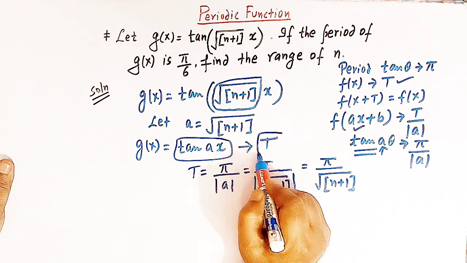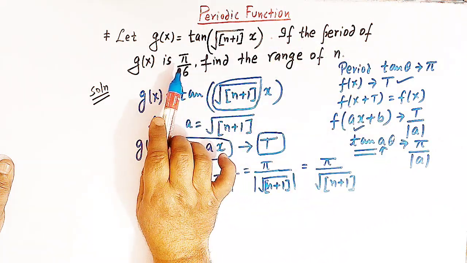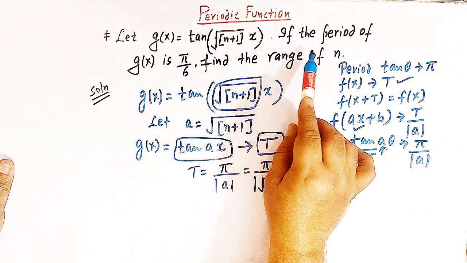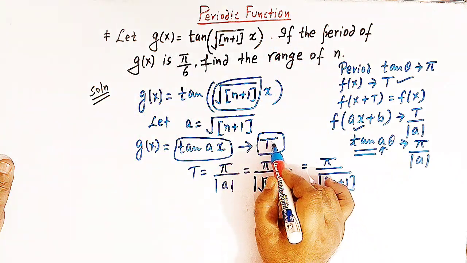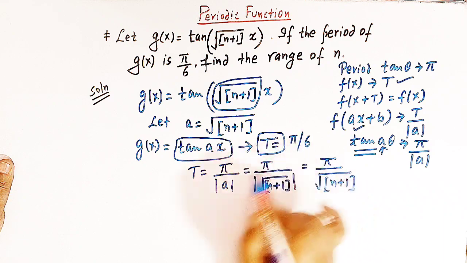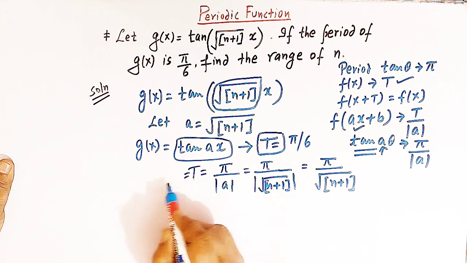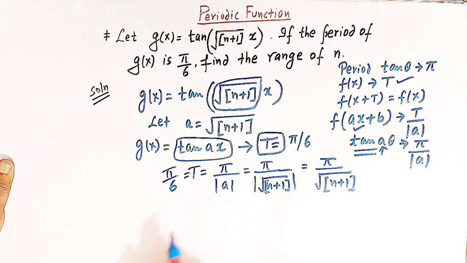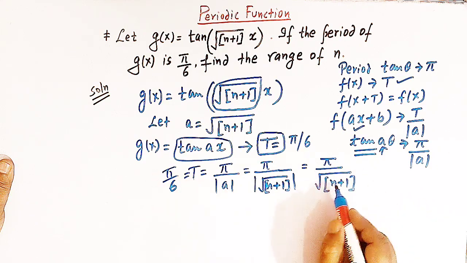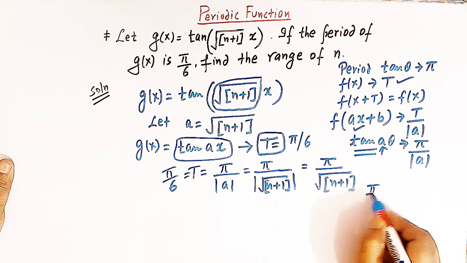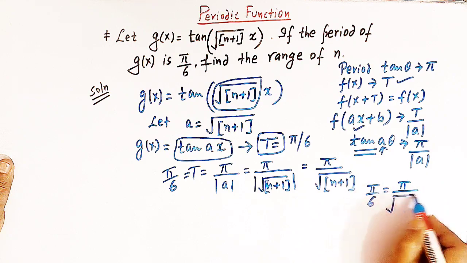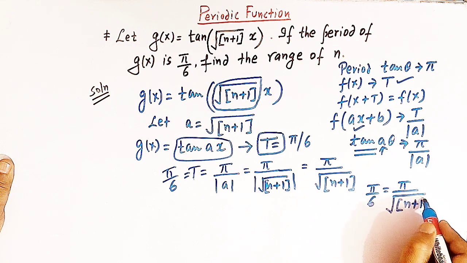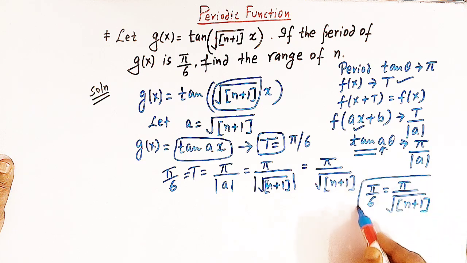And this period t is given to be pi by 6, because in the given problem the period of g of x is pi by 6. So we have the equation pi over 6 is equal to pi over the square root of the greatest integer of n plus 1. Now we have to solve this equation for n.